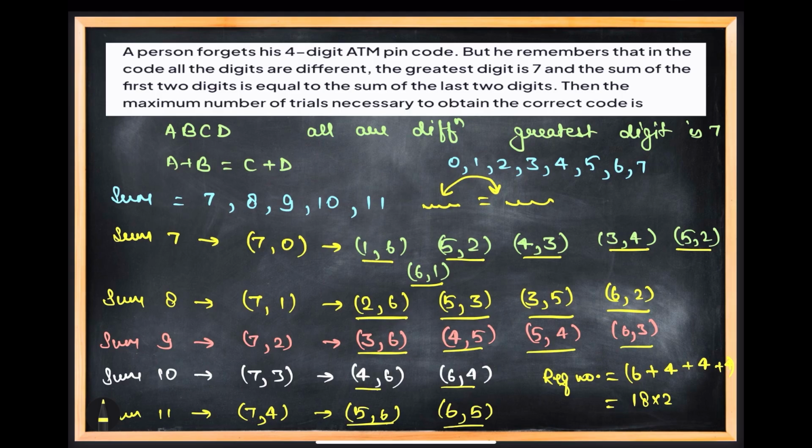And you must have observed that here you have taken both combinations: you have taken 1 and 6, and 6 and 1, but you haven't taken the 0 and 7 case. So here also you can flip these, no? So 2 for that. Okay, so 72 trials will be required to get the correct code.